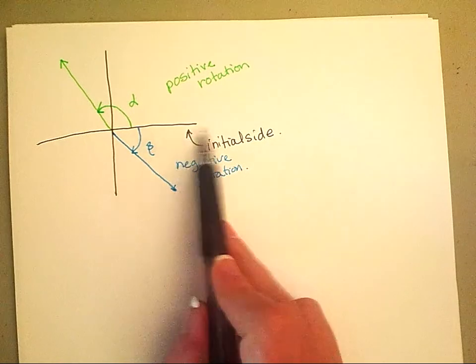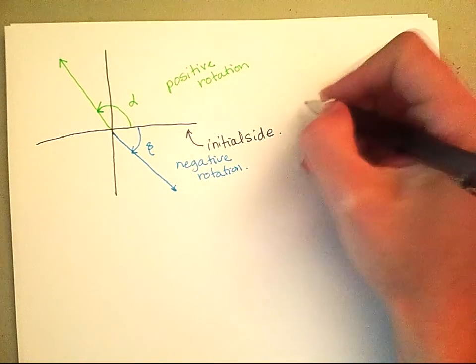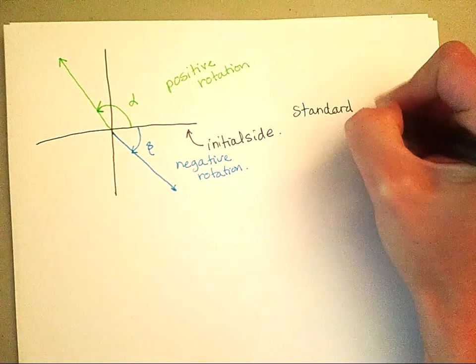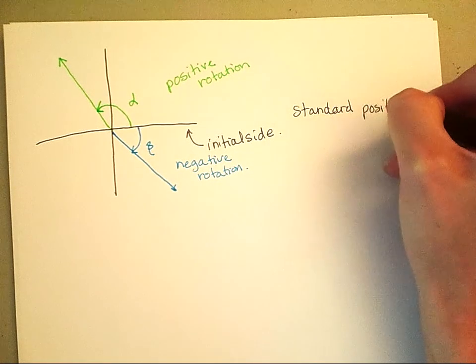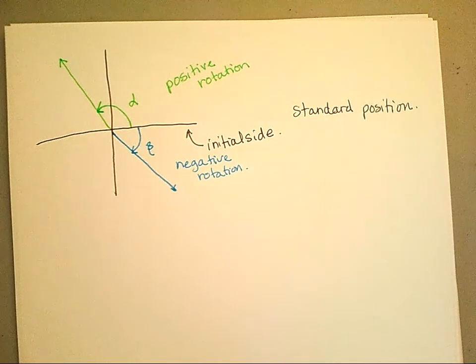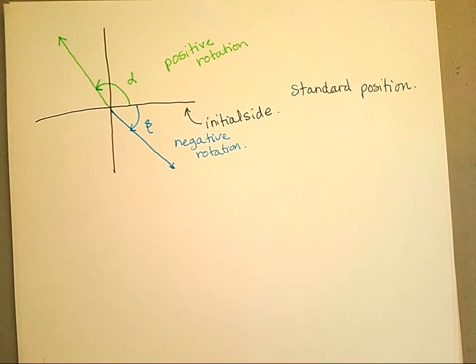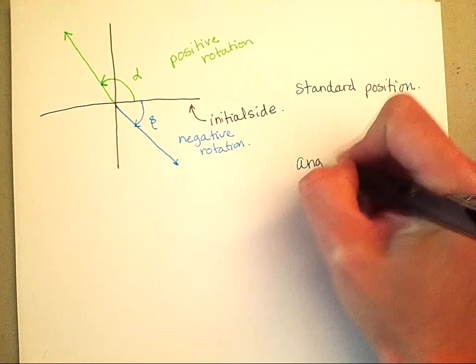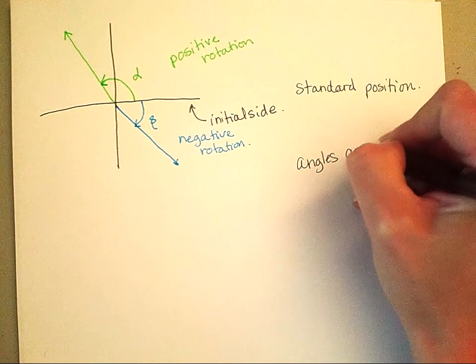So either way, because the initial side was here, these are in standard position. And so what we're going to have to start thinking about is that angles are rotations.